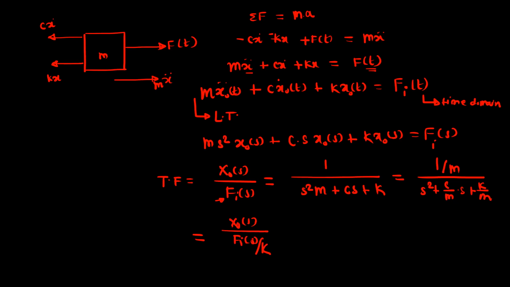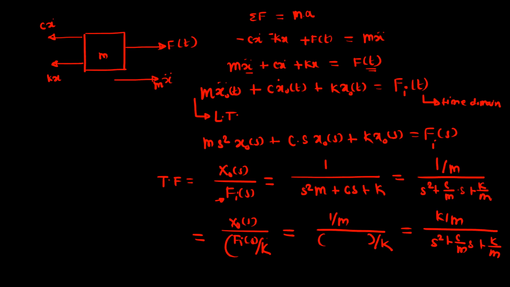If you divide this by k, the total denominator is divided by k, so this will become k by m divided by s square plus c by m into s plus k by m. Now this value is nothing but the virtual input displacement.